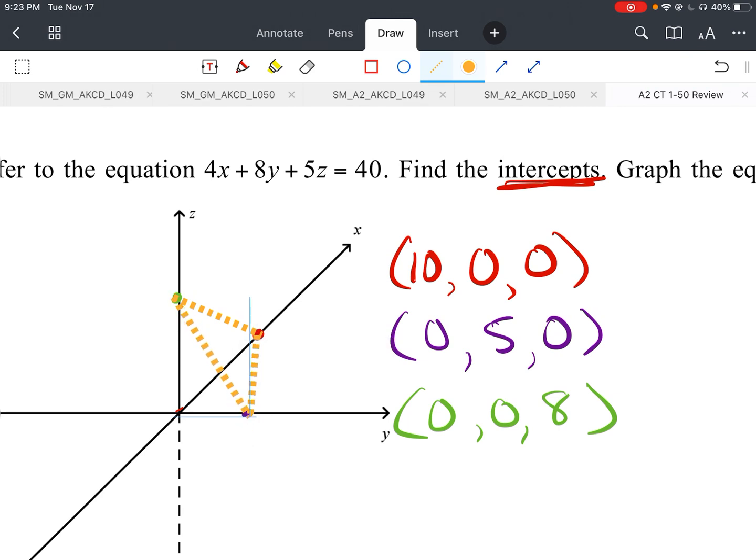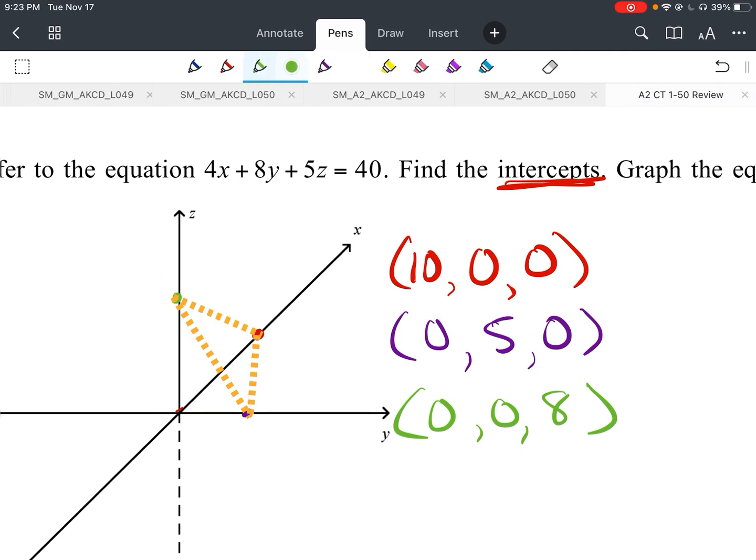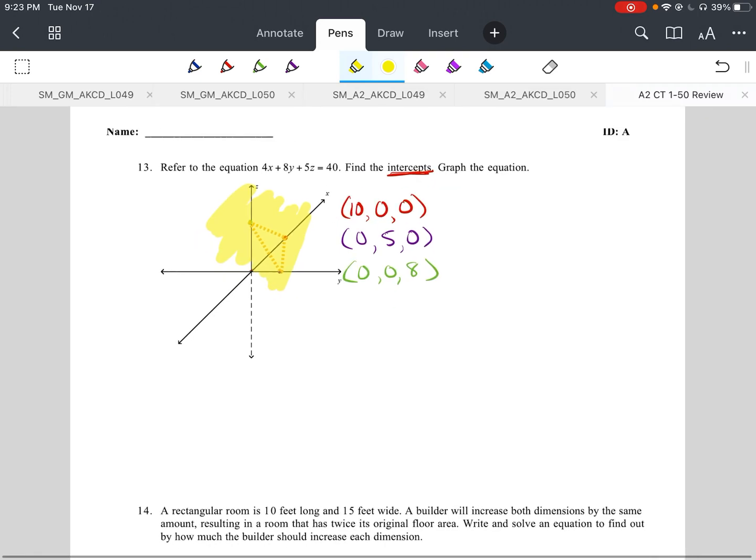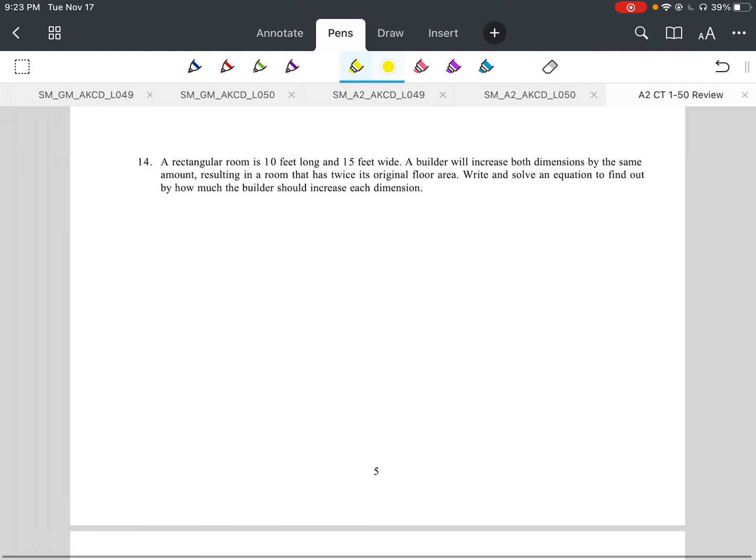All right, here we go. And so we get this little plane here, and it's really hard to draw this well, so I'm going to apologize ahead of time. But we're going to get this plane here, and it's going to cut through those things. So if you had to graph it, that's kind of what it would look like. Just show the plane covering that triangle. So pretty tough in two-dimensional space. You feel me, right?